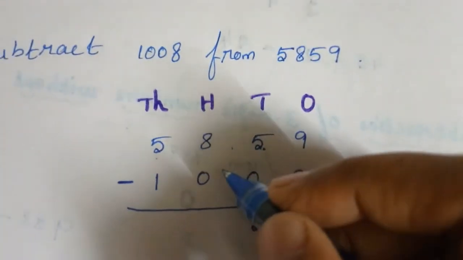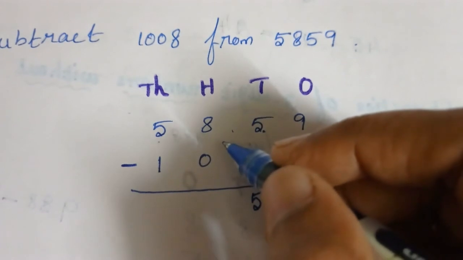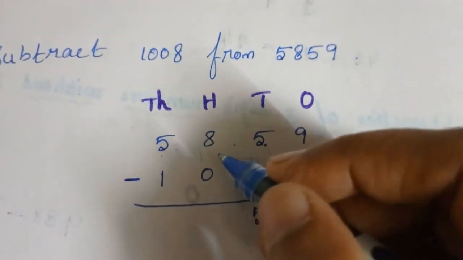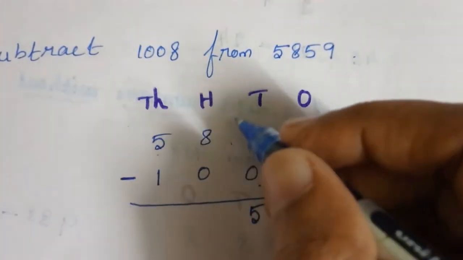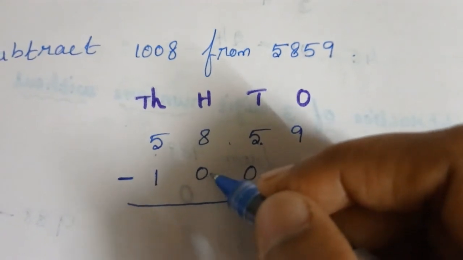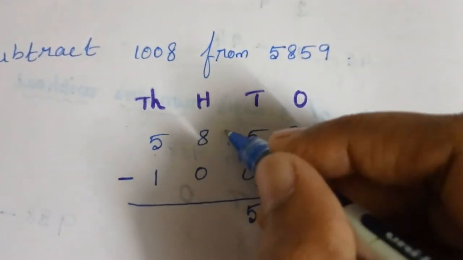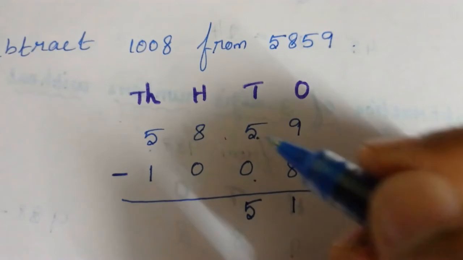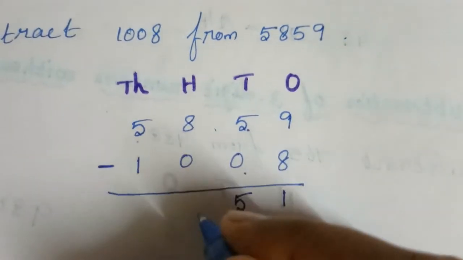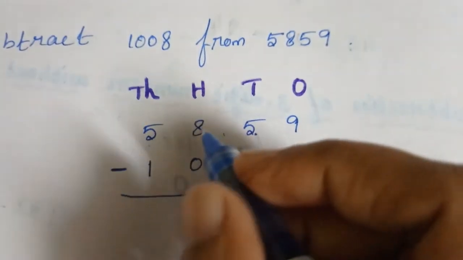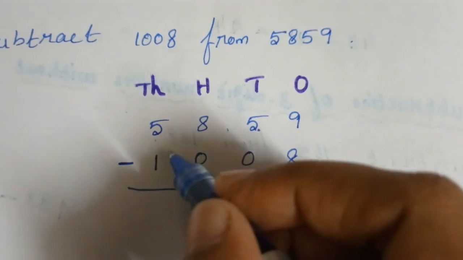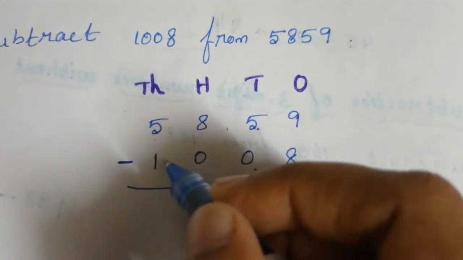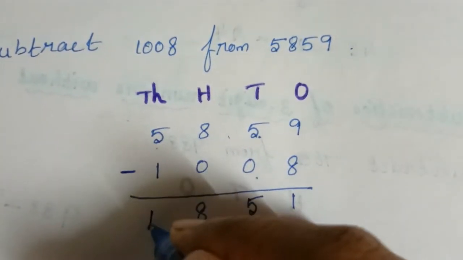If you add or subtract 0 to any number, you get the same number itself. Okay, so 8 minus 0, the value is 8. Okay, then the last one, 5 minus 1, the value is 4.